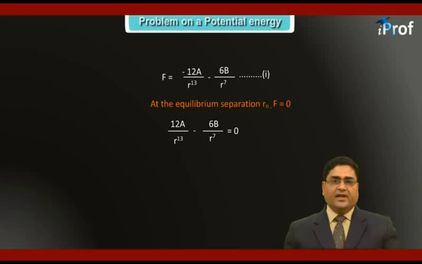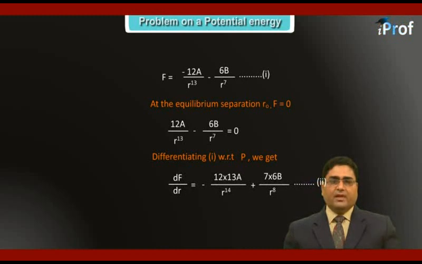Now for finding the nature of force when the separation between atoms is smaller than the equilibrium separation and more than the equilibrium separation, we differentiate the equation of force with respect to distance R. So we calculate dF upon dR, and we find dF upon dR as shown in the equation.